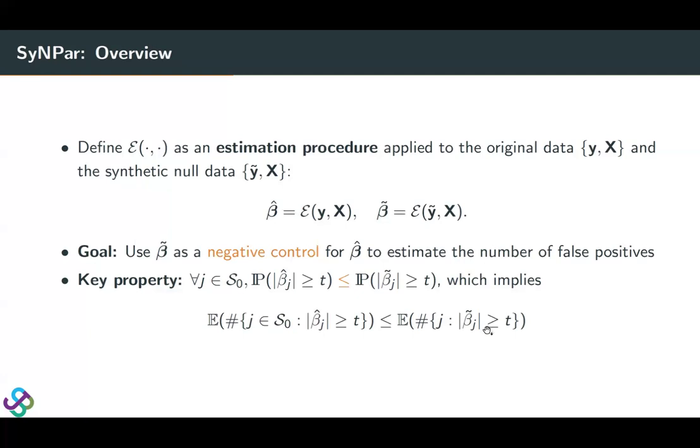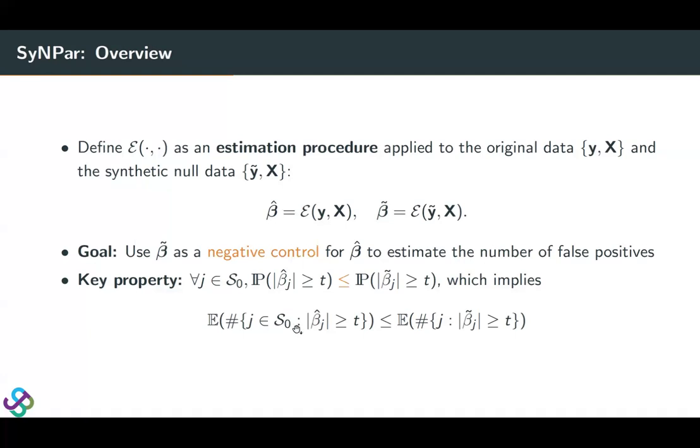In other words, we hope to have a larger expected number of false discoveries on the negative control than on the original data. Therefore, this negative control offers an overestimate for the number of false discoveries in the original data. So that is the problem.